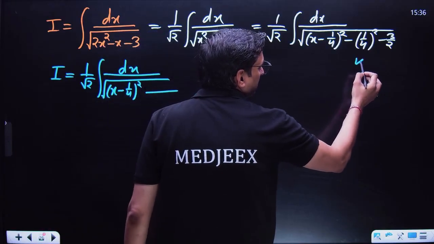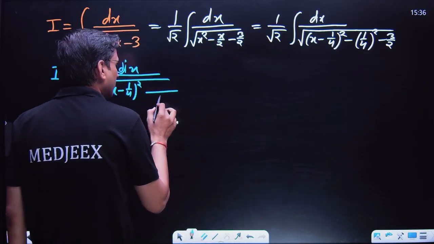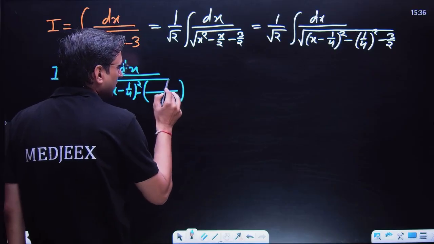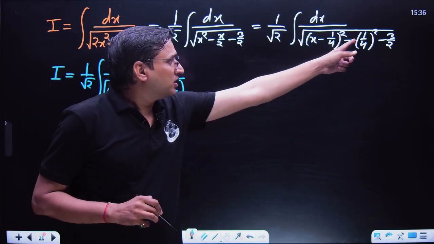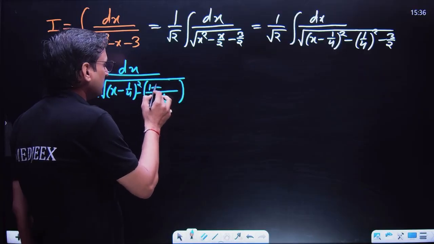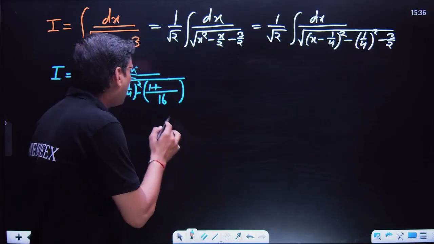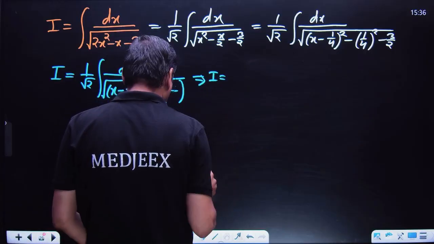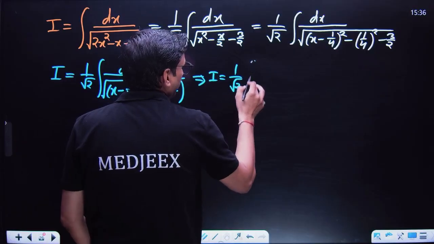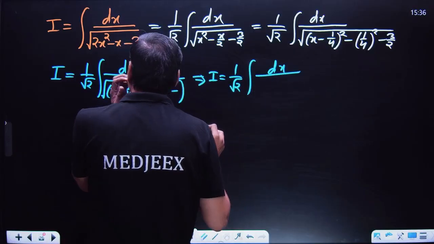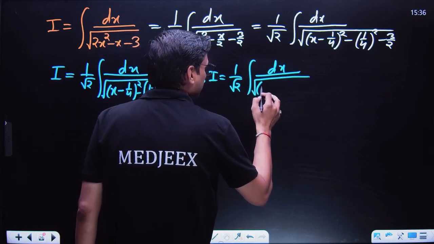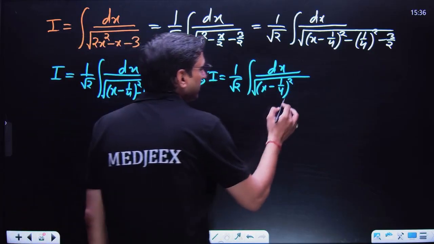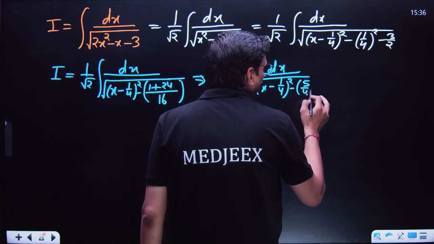This will be 16, this will be 2, then the LCM will be 16. And I am taking minus common out of both. Now this will be 1 plus 2 8s are 16, 8 3s are 24. This will be 24, so 25 over 16, and this will be simplified as I is equal to 1 by root 2 integration of dx upon square root of x minus 1 by 4 whole square minus 5 by 4 whole square.